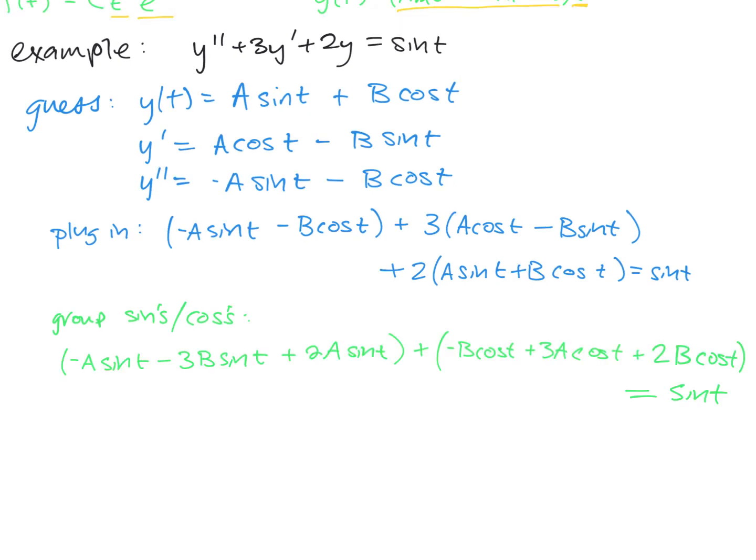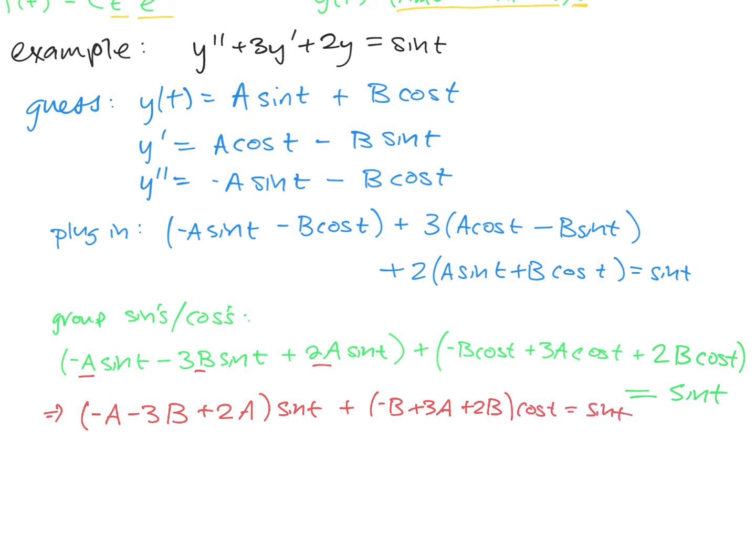Now I can put all of the coefficients on the sines and everything together. So that's going to give me negative a minus 3b plus 2a, sine t, plus negative b plus 3a plus 2b, cosine t, equals sine t.